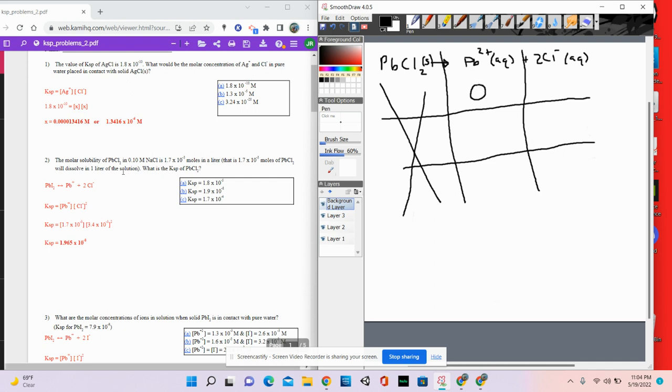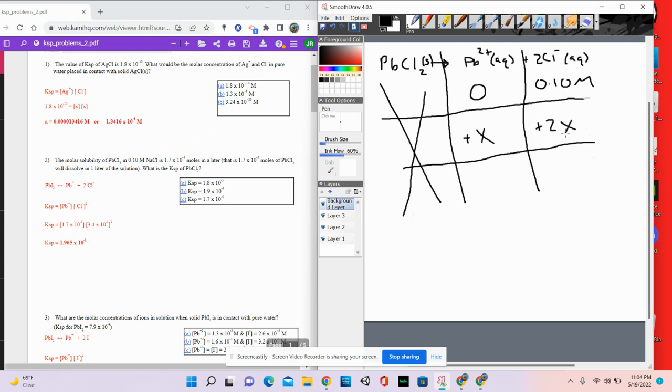However, because the lead chloride is being dissolved in a solution of 0.10 molar NaCl, we can infer that there are 0.10 moles of chlorine floating around. So that is 0.10 molar.